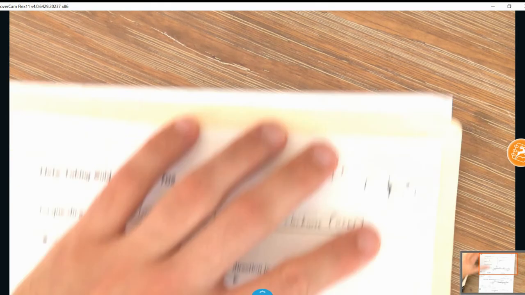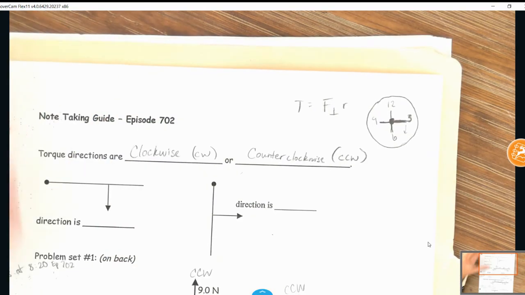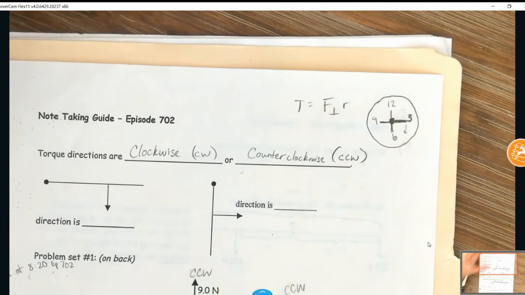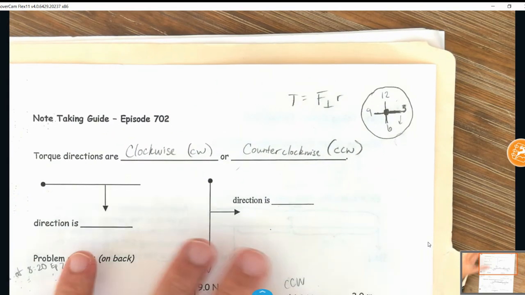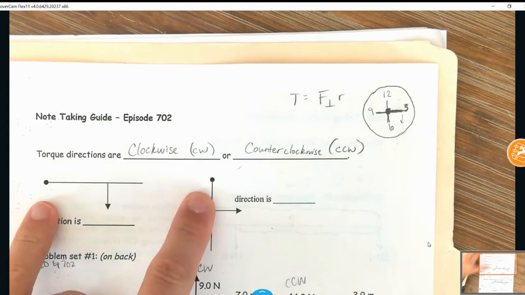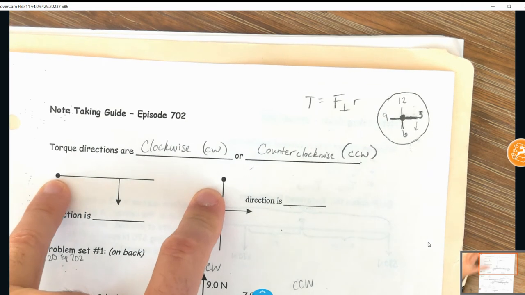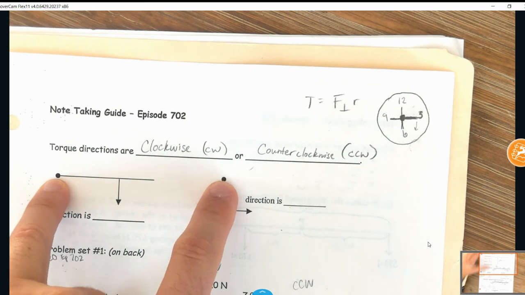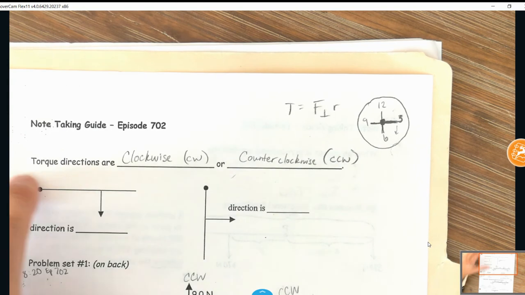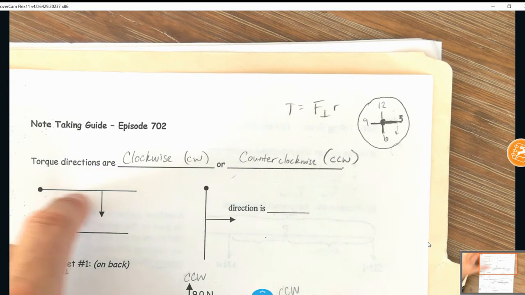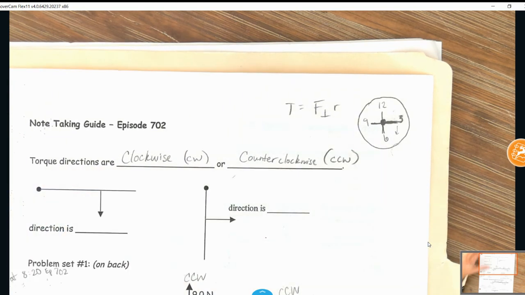All right. So how you can figure out who's clockwise and who's counterclockwise is by understanding where the pivot point is, which is labeled by this little black circle here. Think about the bar or this line as the hands of a clock.